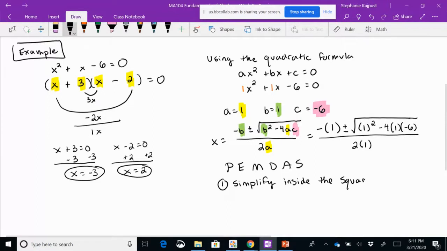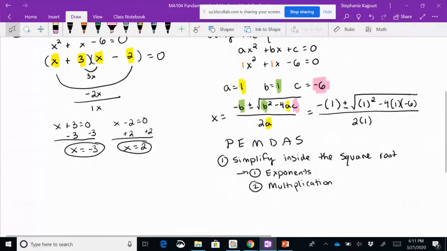We're going to consider that like parentheses because they're grouped together. So your first step would be to do the exponents. And then you're going to do the multiplication, and that would be 4 times 1 times negative 6. And then you're going to be doing your subtraction.